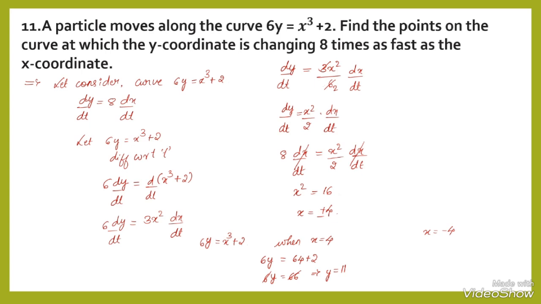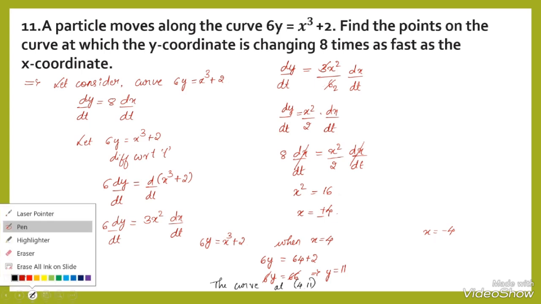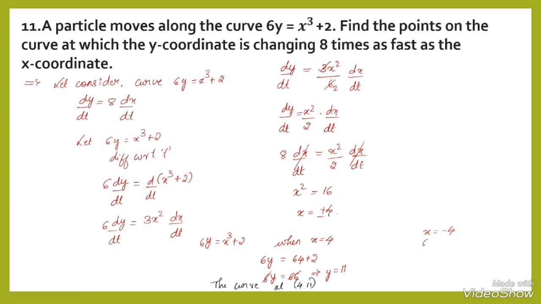Therefore, the point on the curve is 4, 11. Here also I am taking x equal to minus 4, so 6y is equal to minus 64 plus 2, that is minus 62.